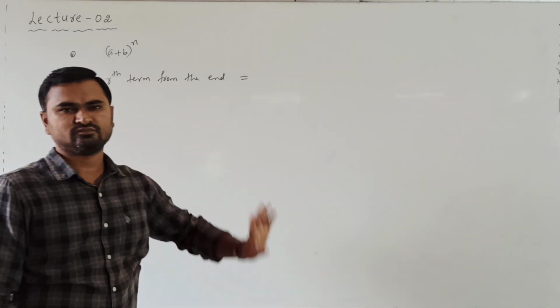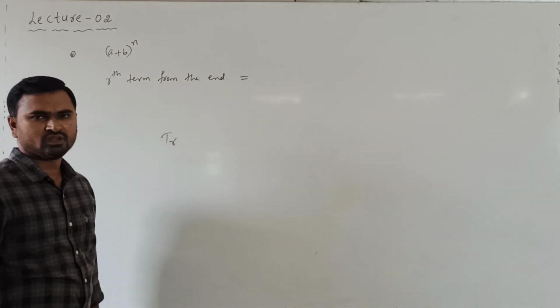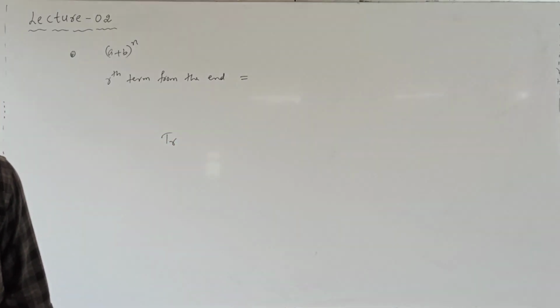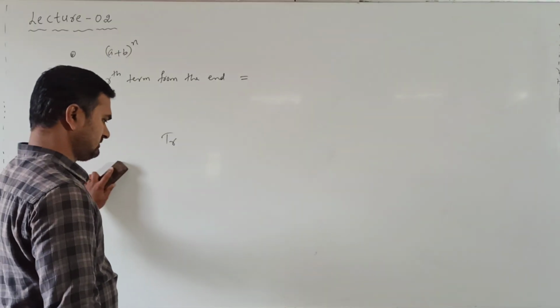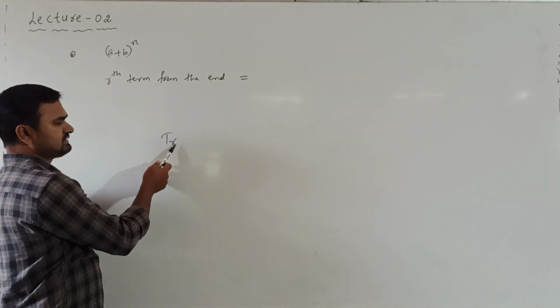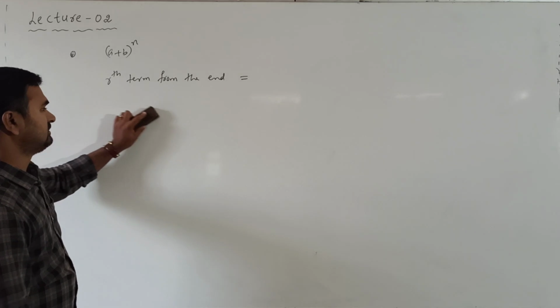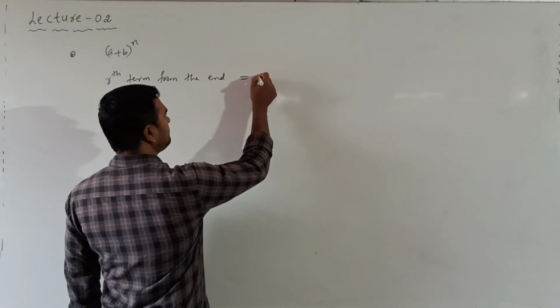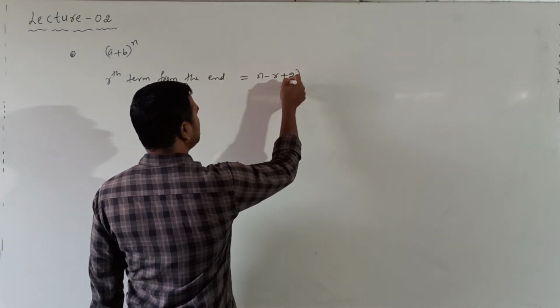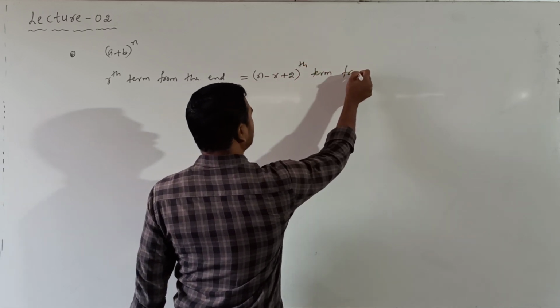Now here, rth term from the end means, can you take it as T_r directly? Rth term from the end means we cannot take it as T_r directly. If it is the rth term from the beginning, then we take it as T_r. But here they are asking for the rth term from the end. It will be the same as the (n - r + 2)th term from the beginning.